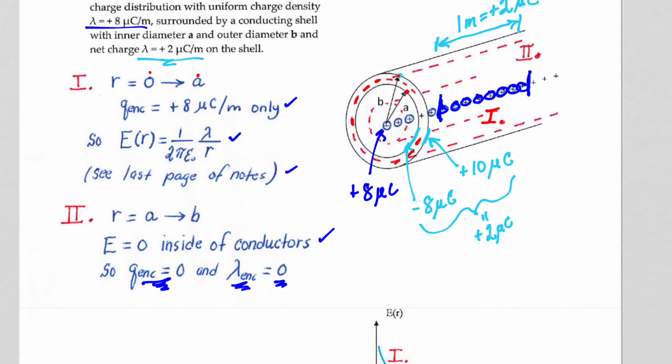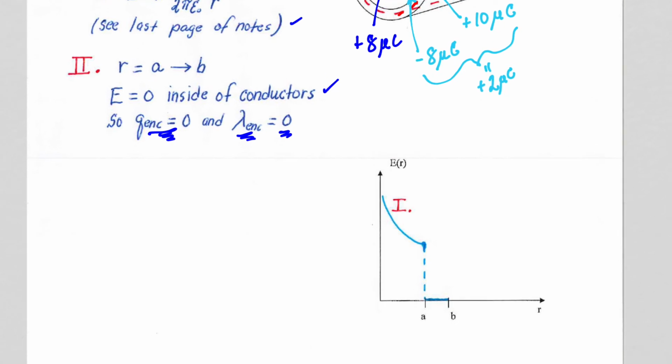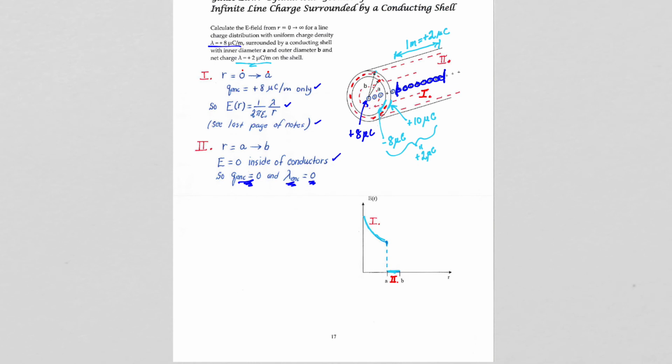So now we have the Roman numeral 1 and Roman numeral 2 sections done, so that's our graph down here. Those, I think, were the easier parts to consider. Now we just need to consider our Roman numeral 3 section, which will be from r equals b out to infinity.